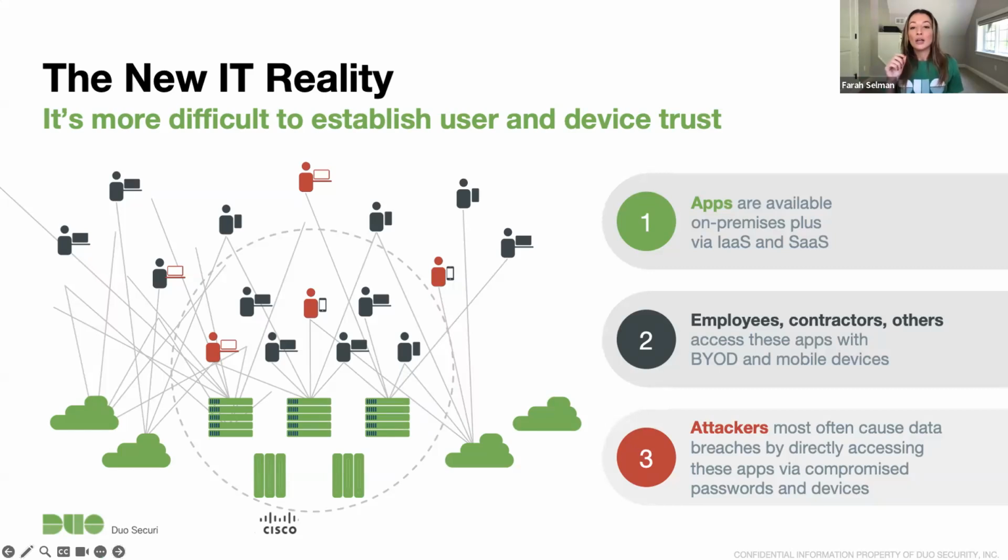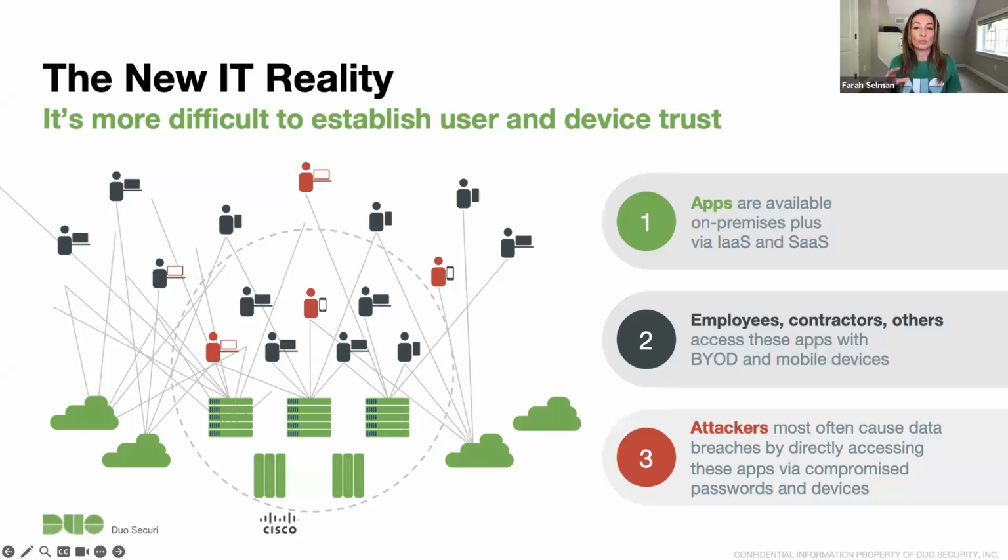All right. So we saw companies embracing cloud hosting of data and applications and a shift to remote work during this time. Applications and data were hosted not only on premise, but also via infrastructure as a service and software as a service. Employees and contractors were accessing that data with more devices.